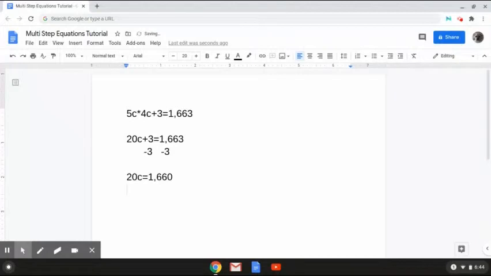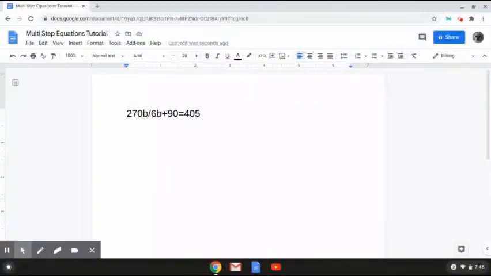Then from here, we are going to divide each side by 20, because division undoes multiplication. These two 20's right here will cross out, and we get c's new value of 83, because 1,660 divided by 20 is 83. And that is how to solve this problem for multi-step equations. So I'm going to be doing one more with you guys together.